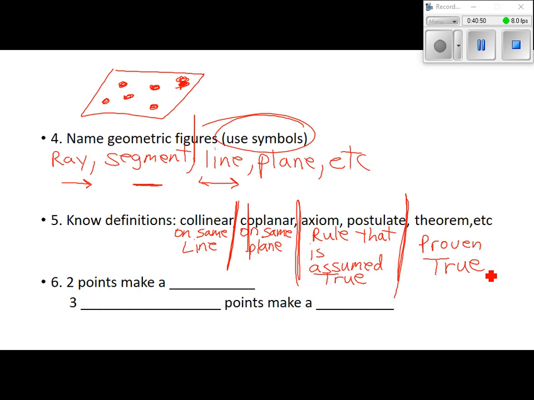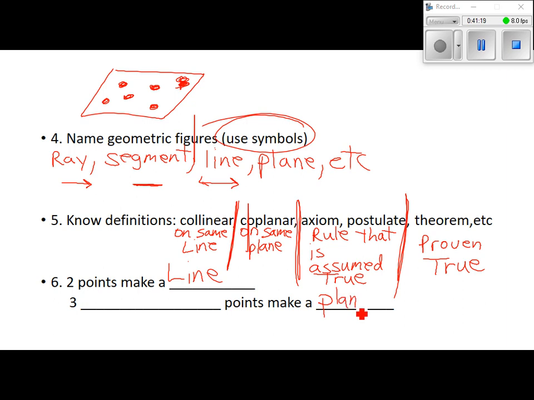Number 6, 2 points make a what? Any 2 points in the world make a line. Next one, 3 blank points make a, let's do the last blank first. 3 points make a what?